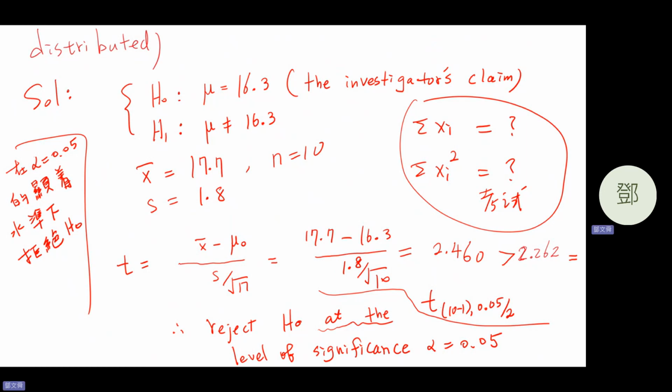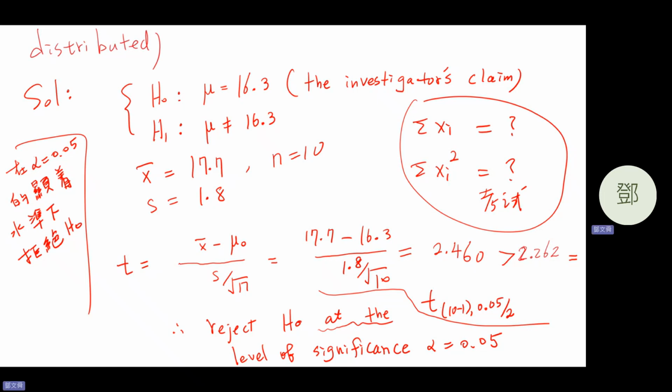The sample standard deviation is 1.8 and n is 10. x bar is the mean value based on the observation. All you need to do is obtain the fractional value here, and then go to the table.